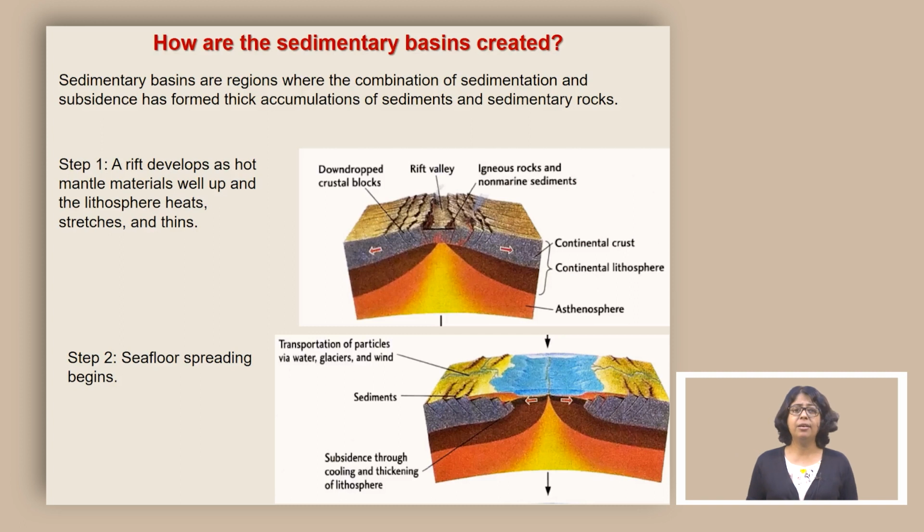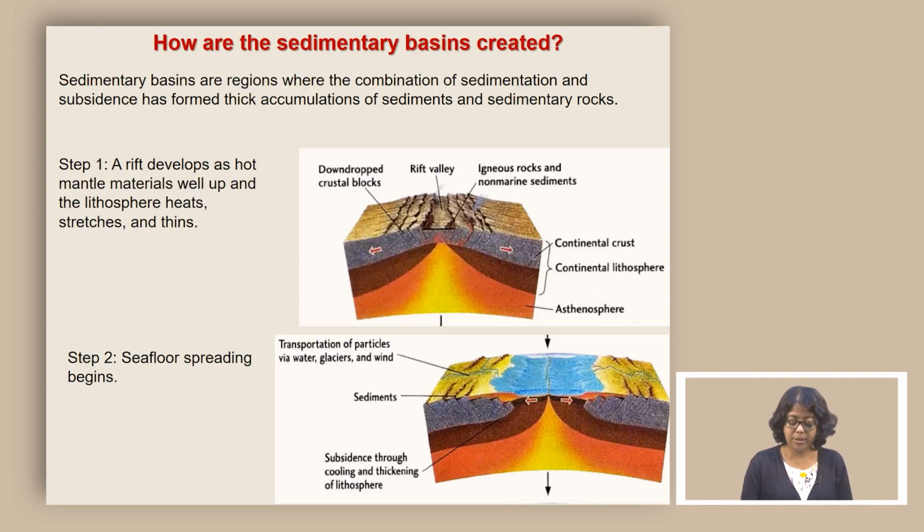So, everything starts with the lithosphere. The first step is a rift. A rift means a thinning of the lithosphere. A rift develops as hot magma material comes up and the lithosphere heats, stretches and thins.